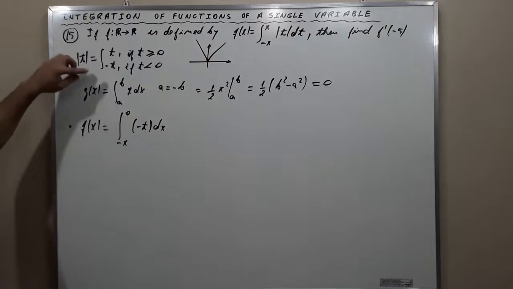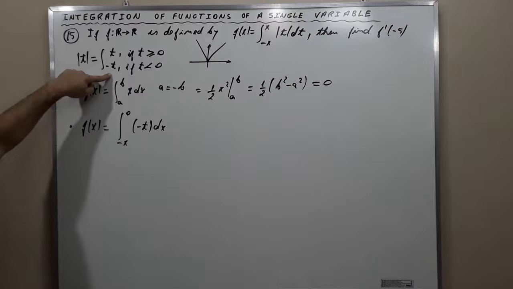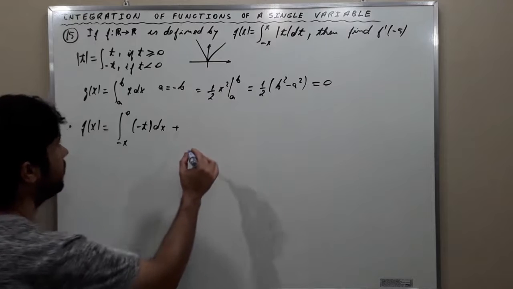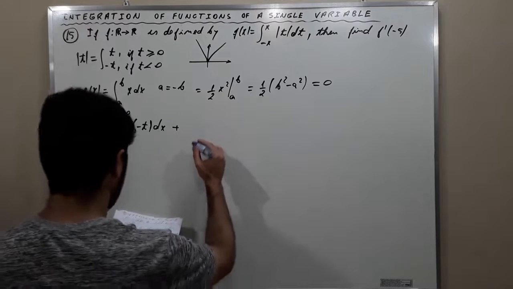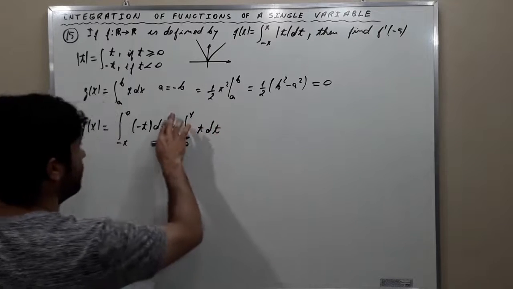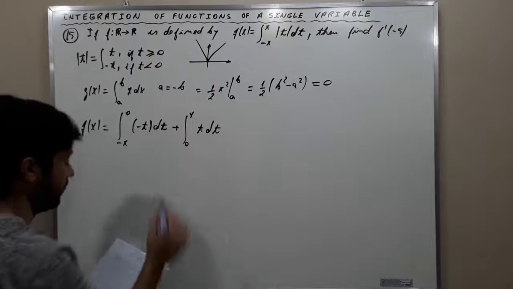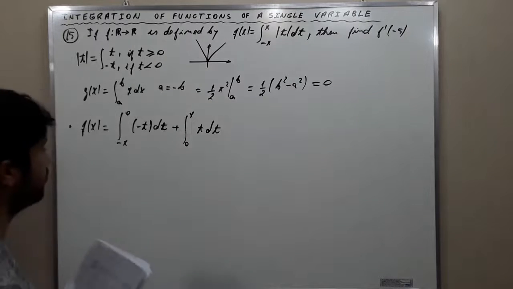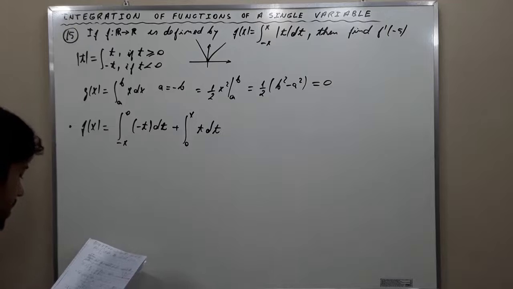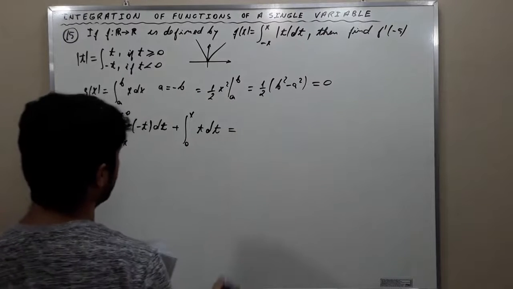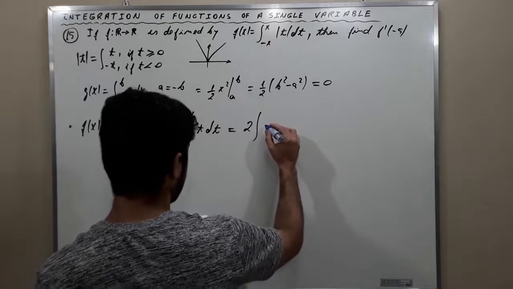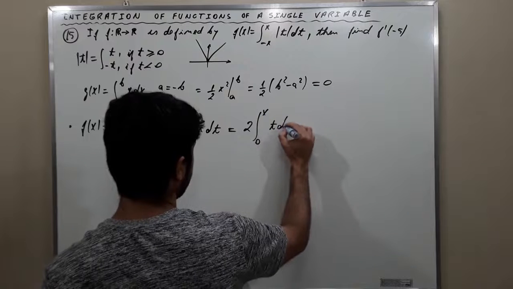We are integrating when t is a number less than 0, and now we are going to integrate for numbers greater than or equal to 0, from 0 to x of t dt. Here I wrote x, but it is t. And these two integrals here together are equal to 2 times the integral over t from 0 to x of t dt.